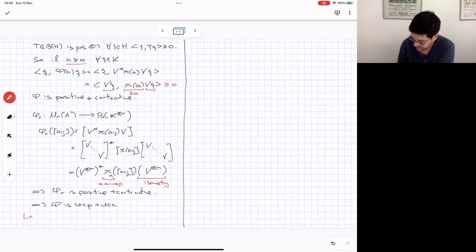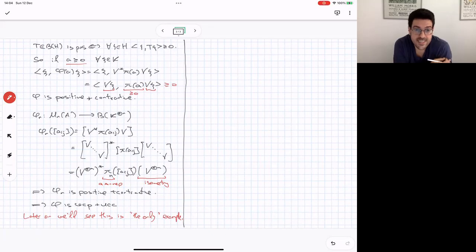Just like the only example of a state was in fact a vector state. This was the GNS, right? The GNS told us that any state is a compression to a one-dimensional space of a star representation. So this was our first example, and then we said that from the GNS it is the only example. So same goes here. But before that, there are lots of things we will probably want to do.